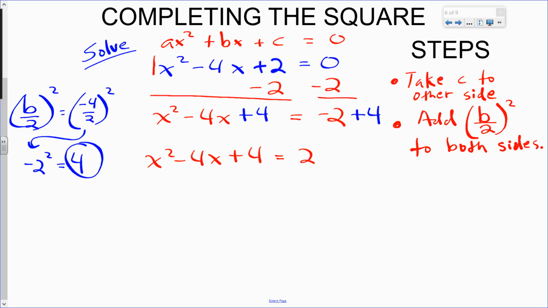The next step, ready? I'm putting the steps in bullet points here. The next step is I'm going to factor the trinomial. Factor trinomial on the left side.